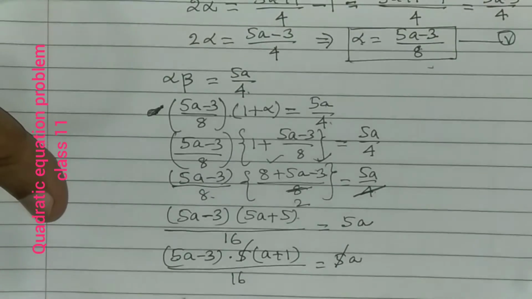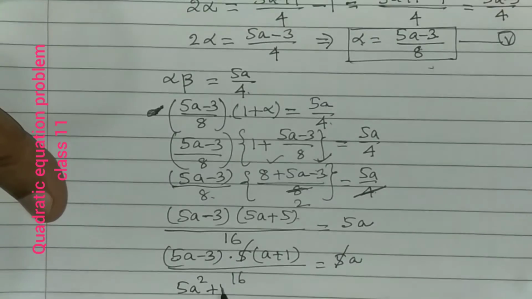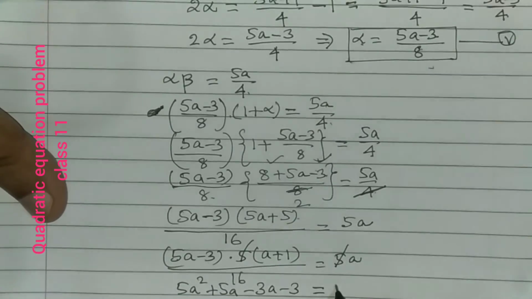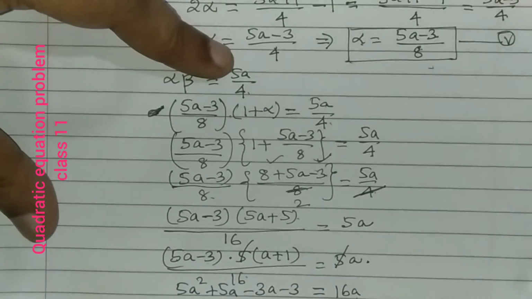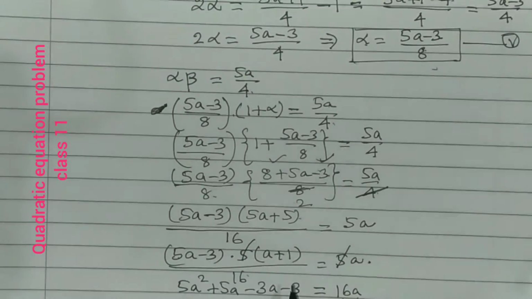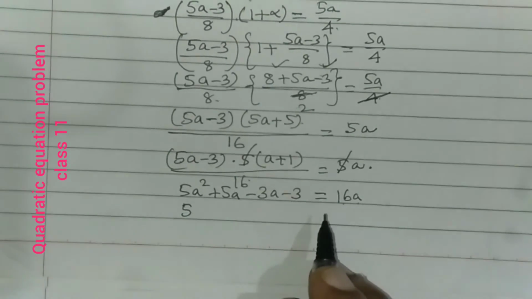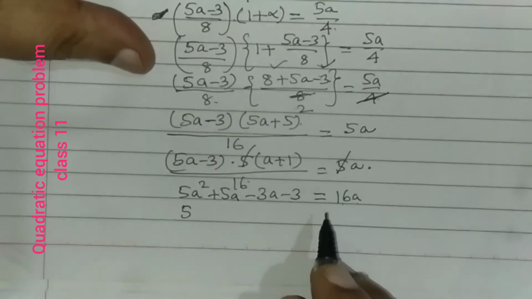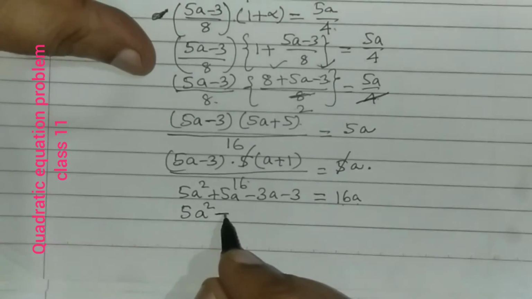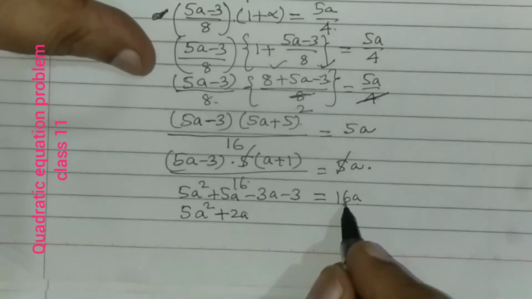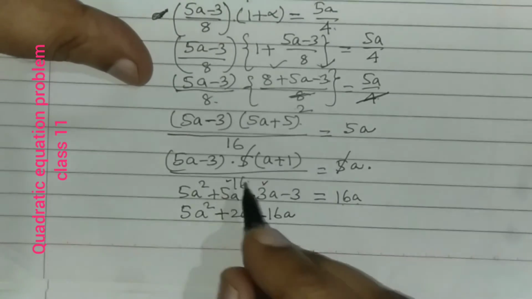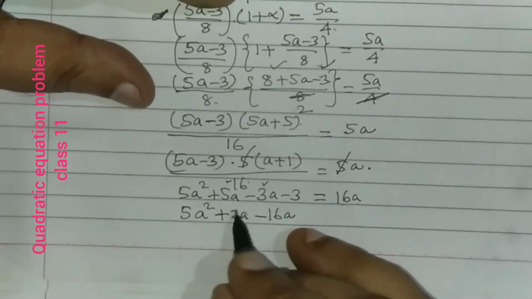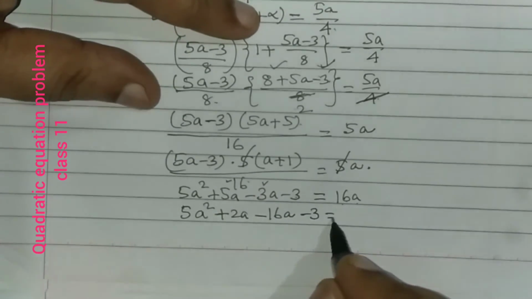So 5a into a, 5a square plus 5a, then minus 3a minus 3 is equal to 16. इधर लाएंगे तो क्रॉस मल्टीप्लिकेशन हो जाएगा, तो 16a. सो 5a स्क्वायर प्लस 2a माइनस 3 is equal to 16a. इधर आ जाएगा तो हो जाएगा माइनस 16a एंड दिस घट करके आपका 5a माइनस 3a 2a हुआ and minus 3 is equal to 0.